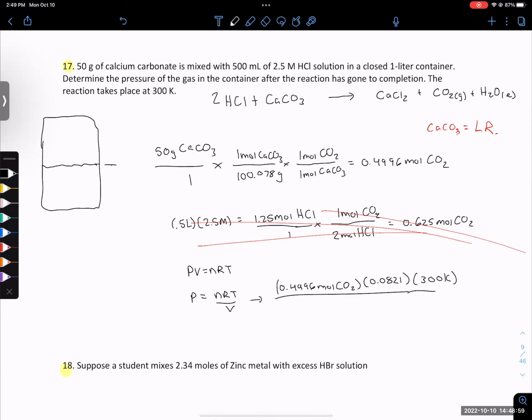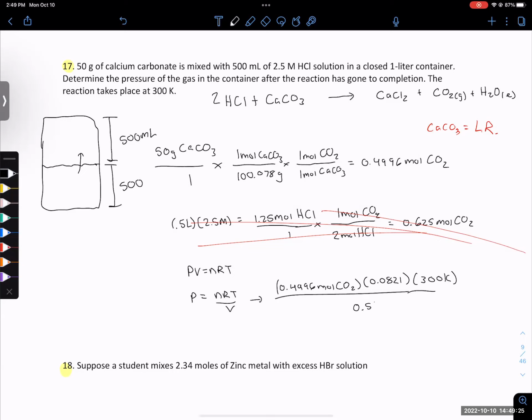So if this is 500 milliliters, and we know that the gas is gonna go up here, then this second part must be 500 milliliters. All right, so therefore the volume that the gas occupies is only 500 milliliters or 0.5 liters, right?